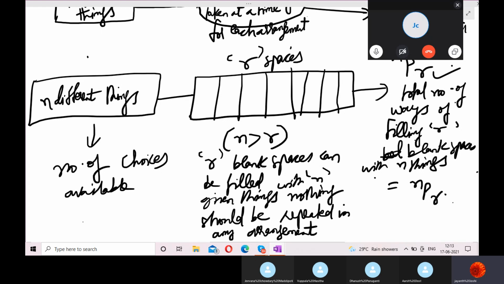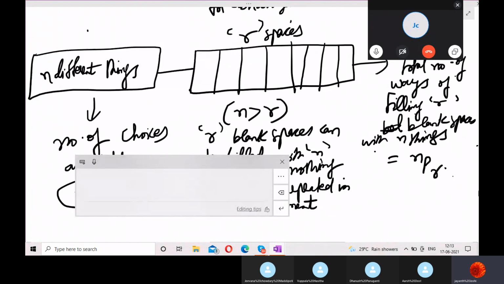That means they gave you three numbers. These are the choices and you have to make 2-digit numbers, so the number of choices and the r spaces to fill.